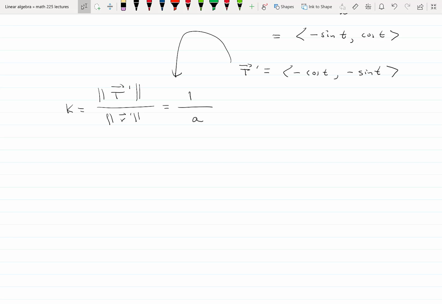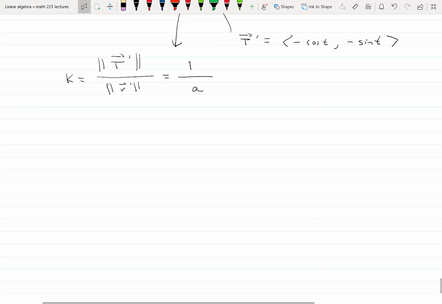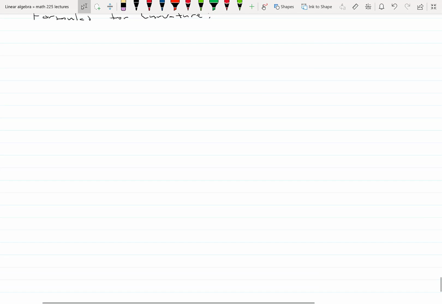Okay. Well, we're almost done with the section, but we have a couple things to do. First, some formulas for curvature. These are in your textbook. Popular formulas for curvature.